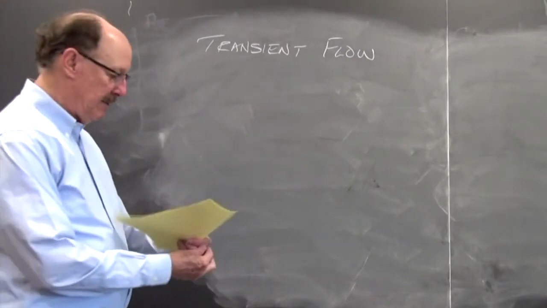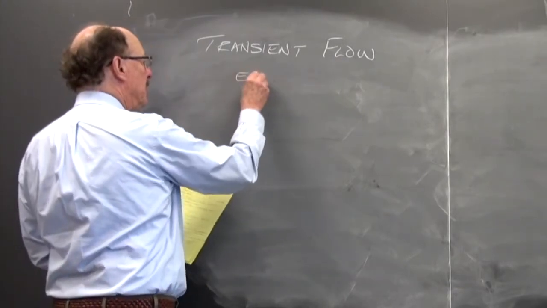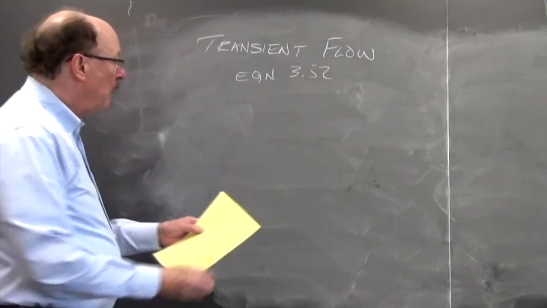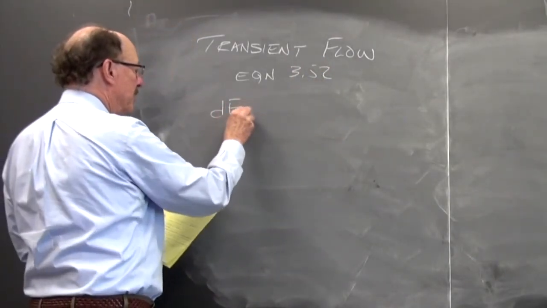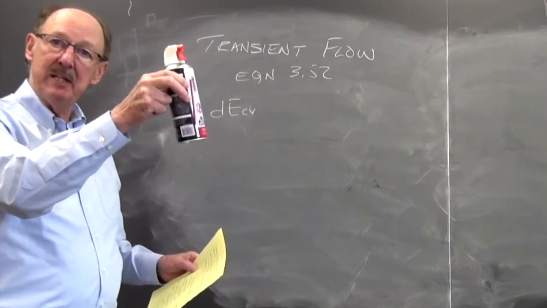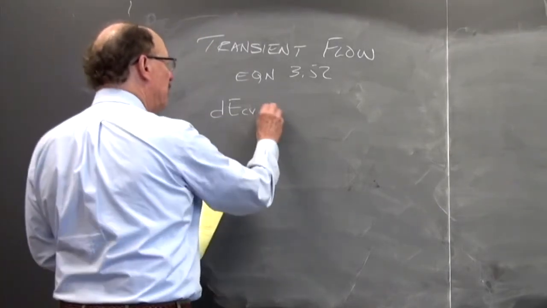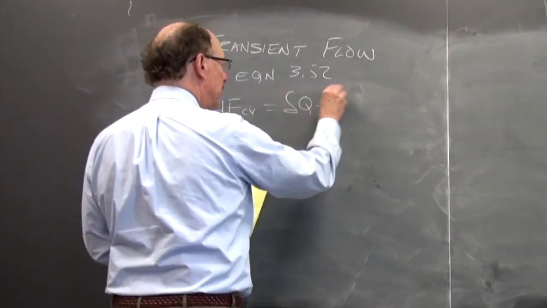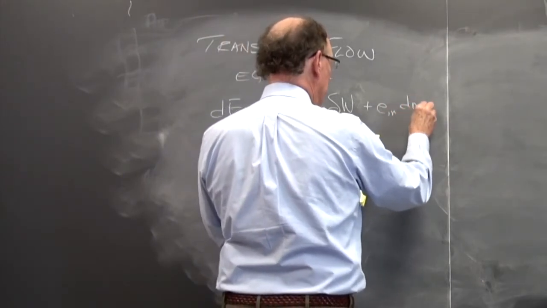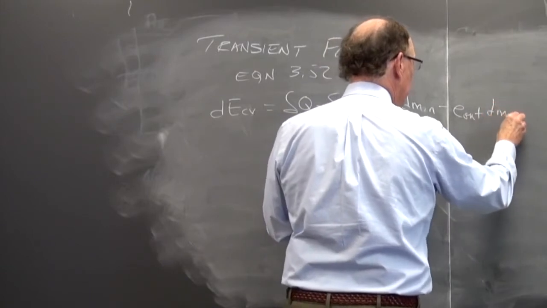So if I look at the first law, which is really from chapter 3, equation 3.52, we have that the change of the energy of the control volume, and in this case, the control volume would be the can, and stuff would be squirting out of it, is equal to delta Q minus delta W, plus E in dm in minus E out dm out.